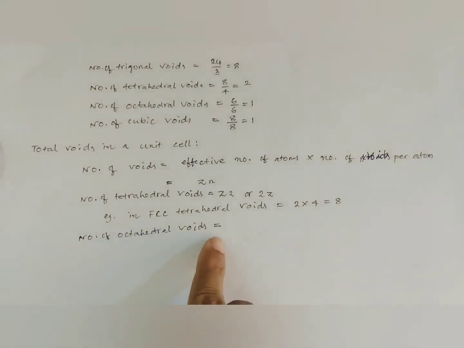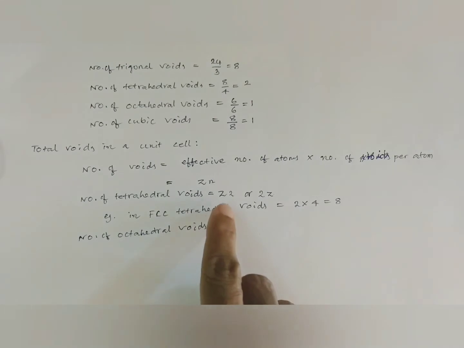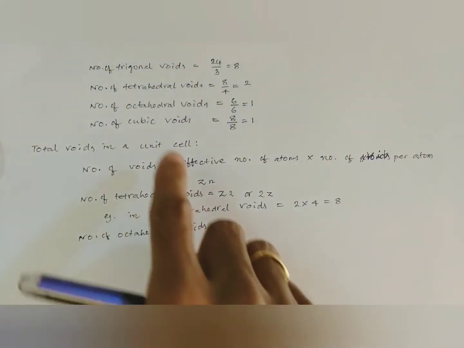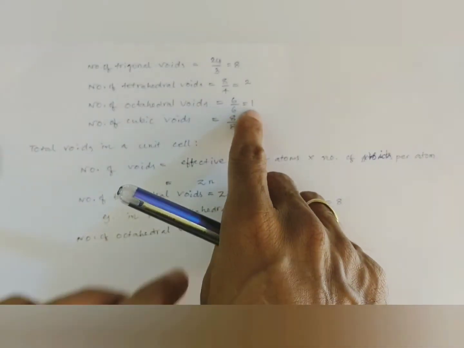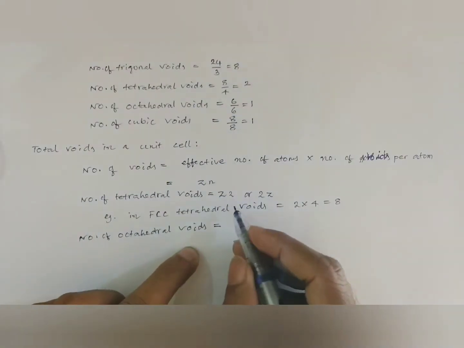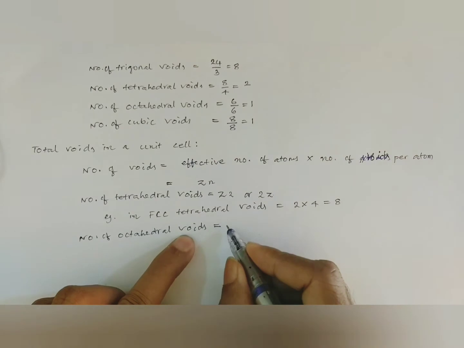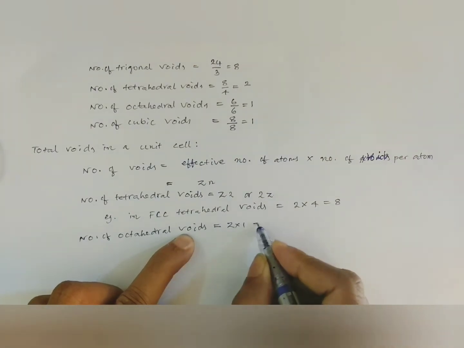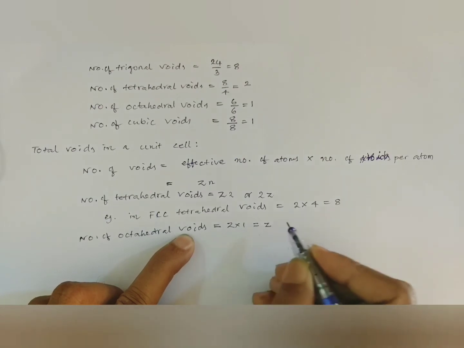Similarly, the number of octahedral voids is given by Z into N. What is N? N is the number of octahedral voids per atom. The number of octahedral voids here we have calculated as 1. So now the number of octahedral voids will be equal to Z into 1, which is equal to Z only.